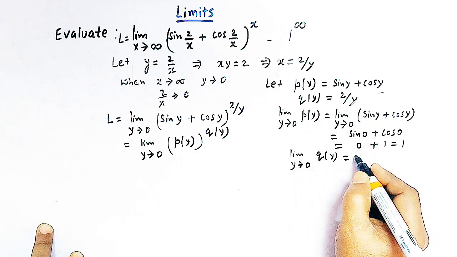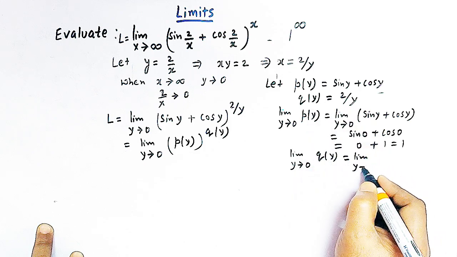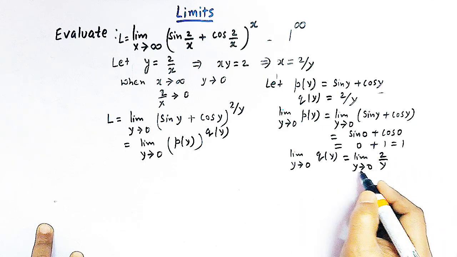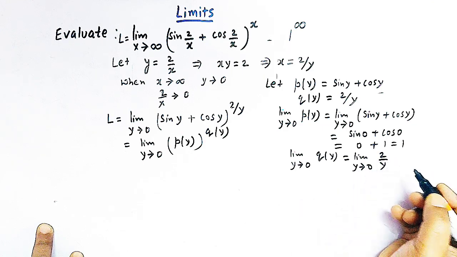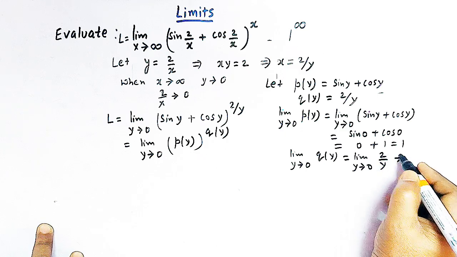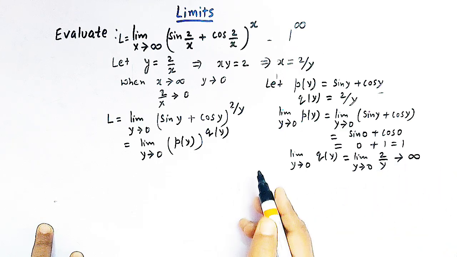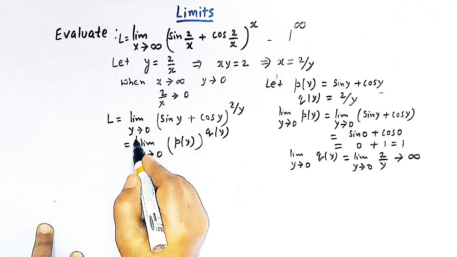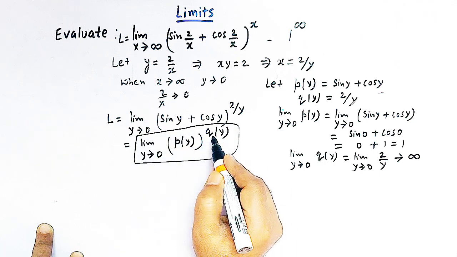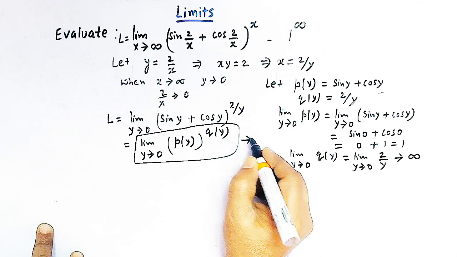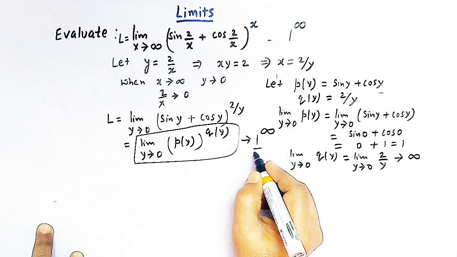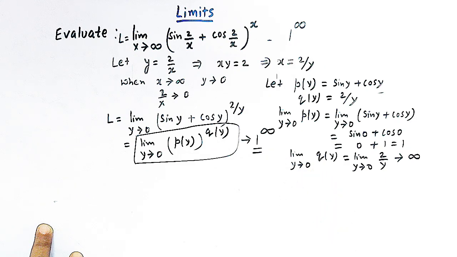So this is limit y tends to 0, and here we have 2 over y. Now when y tends to 0, then 2 over y tends to infinity, right? So this limit, that is limit y tends to 0, p of y raised to q of y, tends to 1 raised to infinity, which is an indeterminate form.